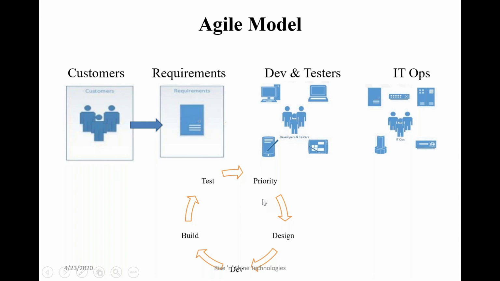In the sprint, we decide which work has to be completed: prioritizing the work, designing the work, implementing it, releasing it, and then testing it. This is one complete iteration, one sprint.